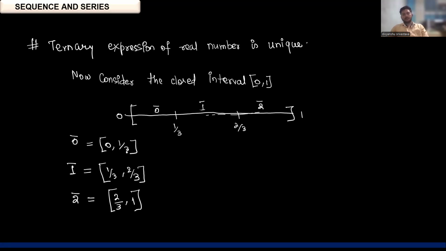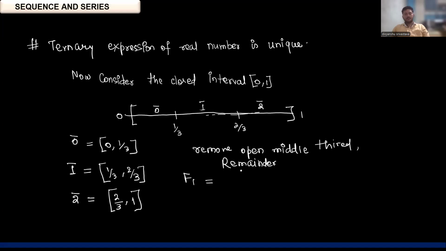If you have this set, then first thing is that we remove the open middle third, and the remainder is F1, which is equal to 0 comma 1 by 3, union 2 by 3 comma 1.